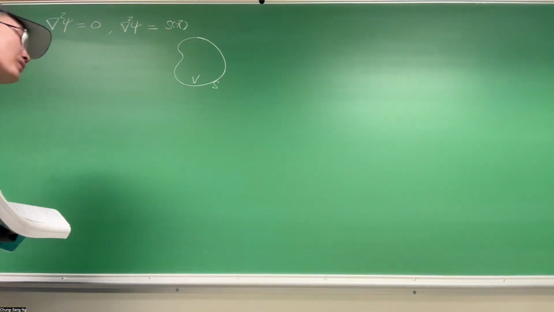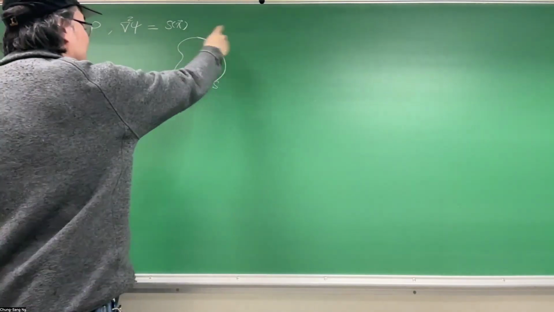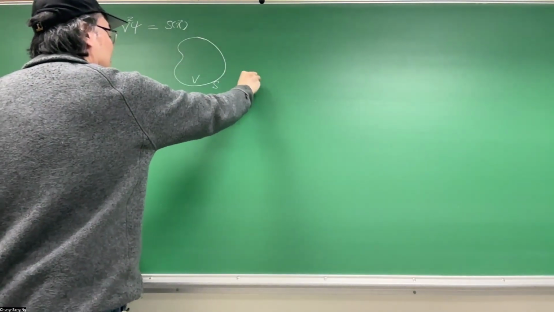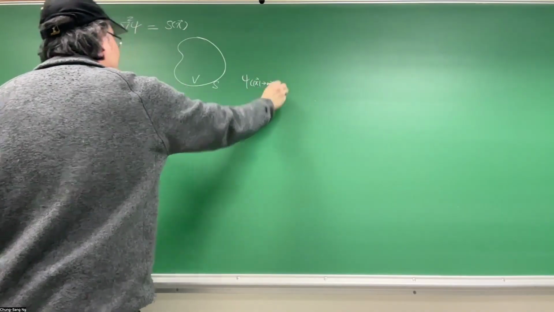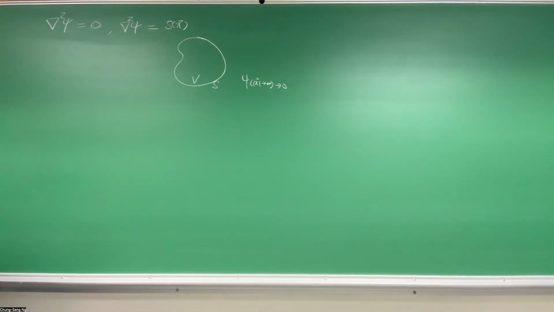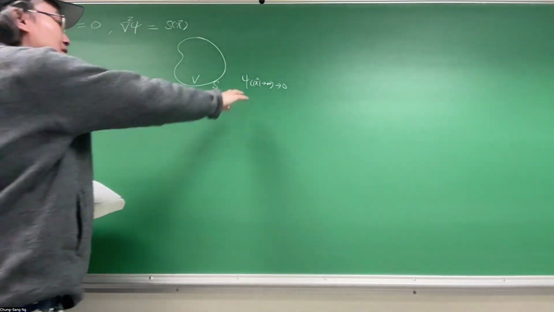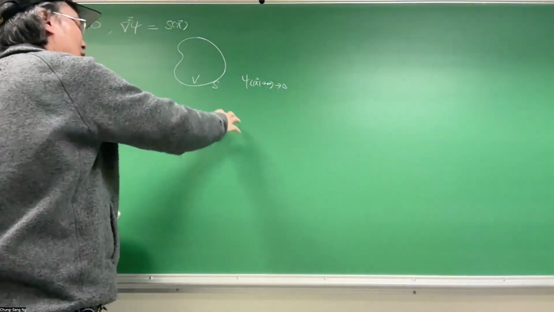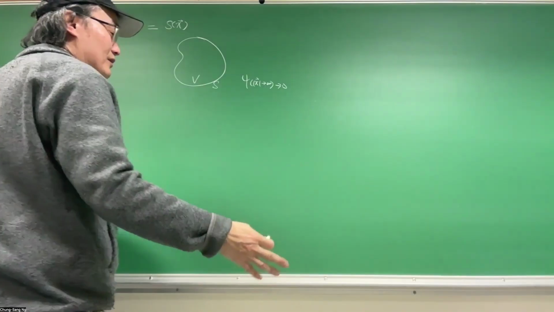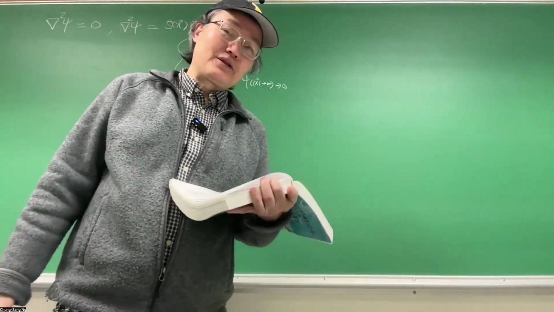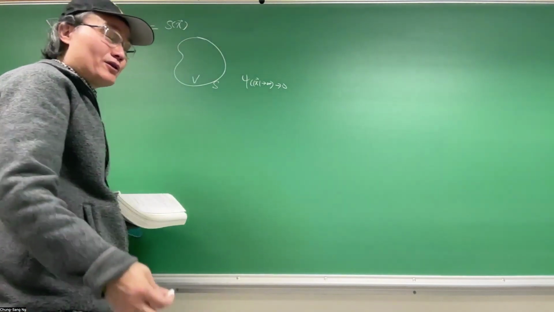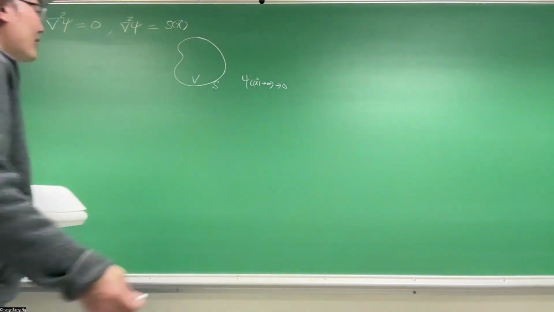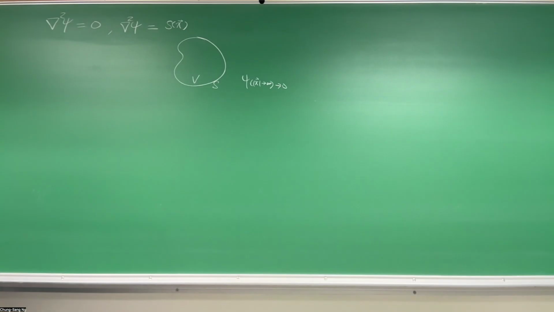But in most cases, we specify that as x tends to infinity, psi tends to 0. That will give you another boundary condition. If not, whatever boundary condition at infinity you need to use, say instead of 0 it is a constant, you probably need to subtract that.